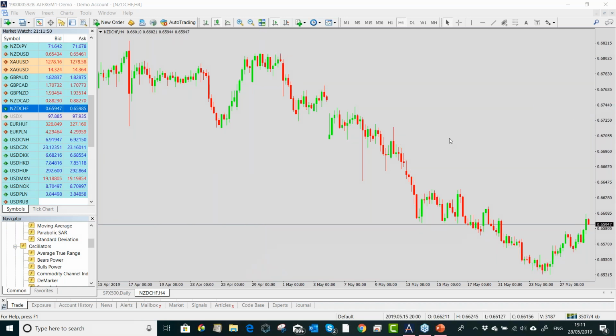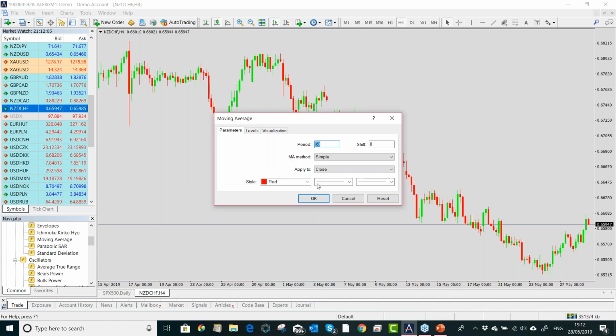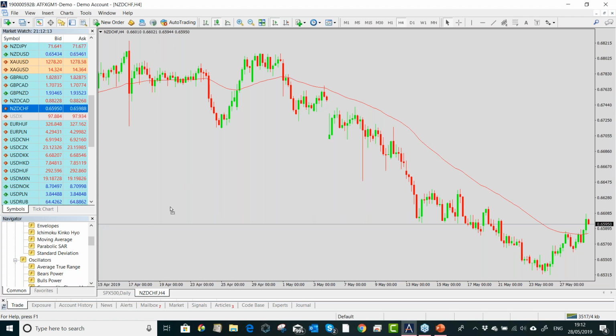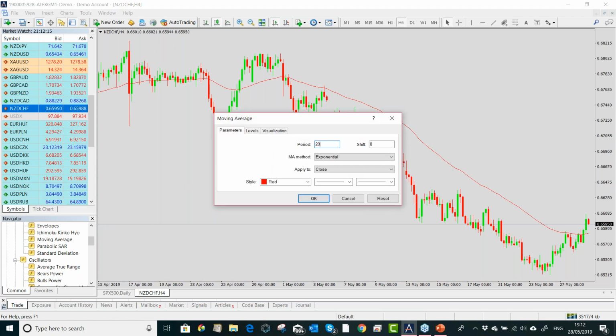So another thing that we can do to help us in our trend analysis is we can add some indicators onto the chart, and I'm just going to add a couple of moving averages. So I'm going to add my 50-period moving average, and I'm going to add my 20-period moving average.